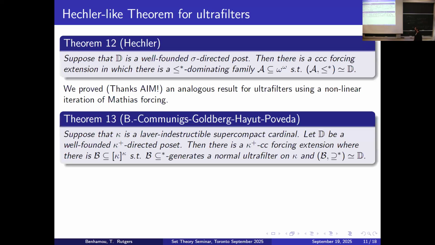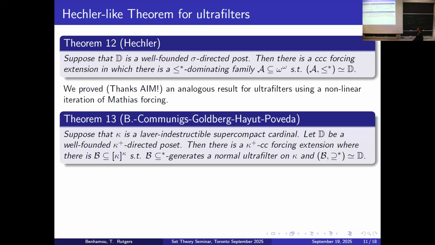Then there is a kappa-plus-CC forcing extension where there is a collection of subsets of kappa of cardinality kappa, which generates a normal ultrafilter, which is also a simple P_D point. So if you start with a model with a Laver-indestructible supercompact cardinal, you can realize any D which is well-founded and kappa-plus-directed as a base of a normal ultrafilter.